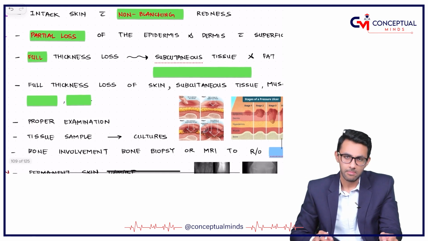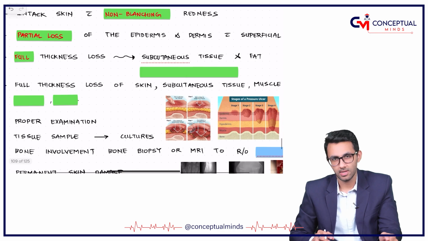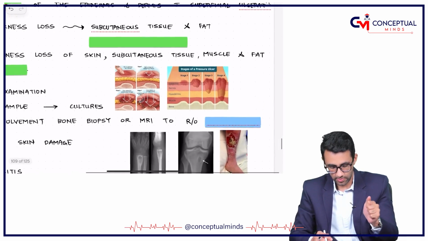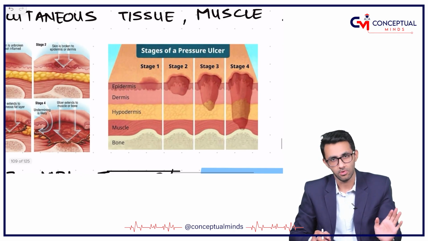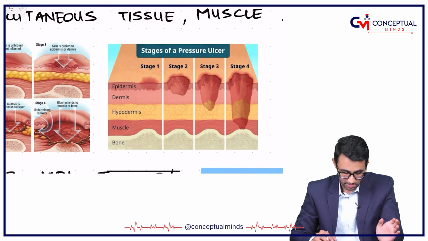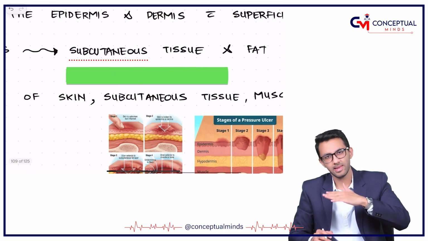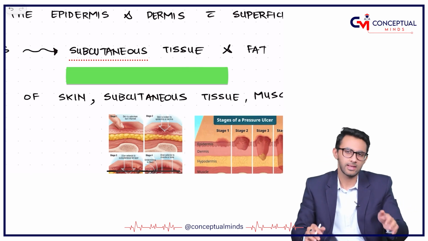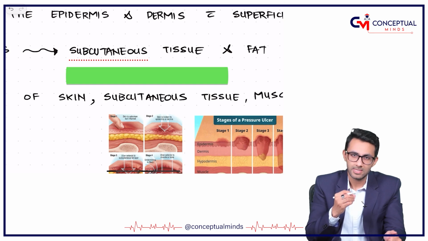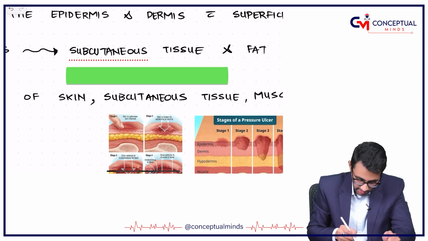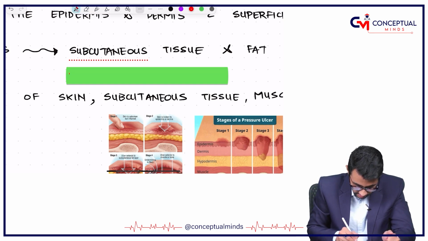A very classical point is that over here also we saw stage 3. Do you see there is involvement of muscle and bone? No. Please keep this in mind, that it only limits to the fat area, the subcutaneous tissue and the adipose layer. It is not continuing to the muscle and bone. So that is the point we will write over here.